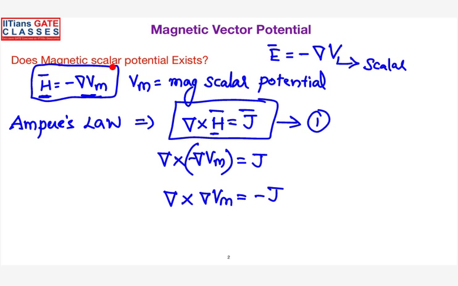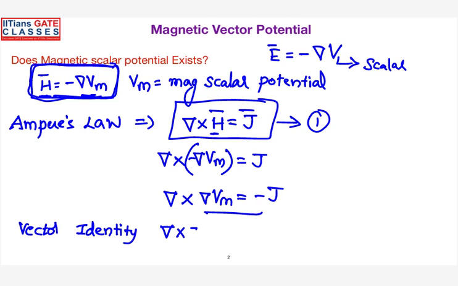Which means curl of del Vm is equal to minus J. So when you are assuming that the magnetic field intensity is equal to something like this, you are going to get this equation. But it is quite a violation of your vector identity. You have one of your vector identities: the curl of a gradient has to be always equal to 0, irrespective of whatever type of scalar it is.